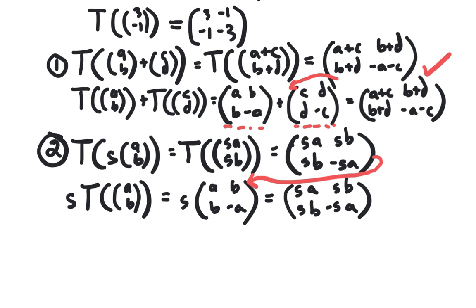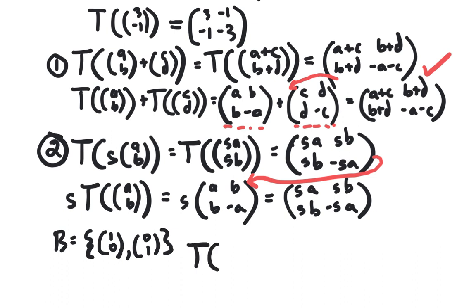And what's nice here is that, well, we know a basis for R2. So R2 has the basis, we'll call it B, that has the basis 1, 0, 0, 1. So we can write the transformation. So T of AB.